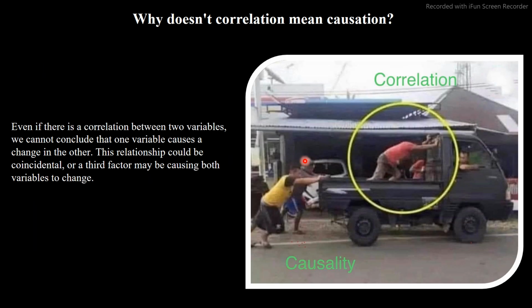If you see this meme, the van is moving and this guy is pushing. If you see this one only, people will feel that they are highly correlated because they are moving in the same direction. But the reason for the car to move is these two guys, because they are pushing. His effect is less, there is no effect, he is just pushing.